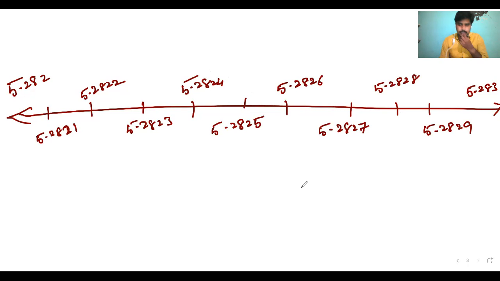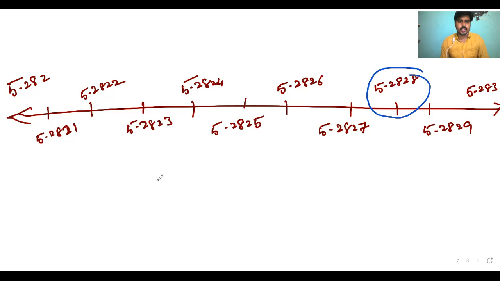Okay, and the next one is 5.283. So where is our number? Here it is. Okay, that is our representation.